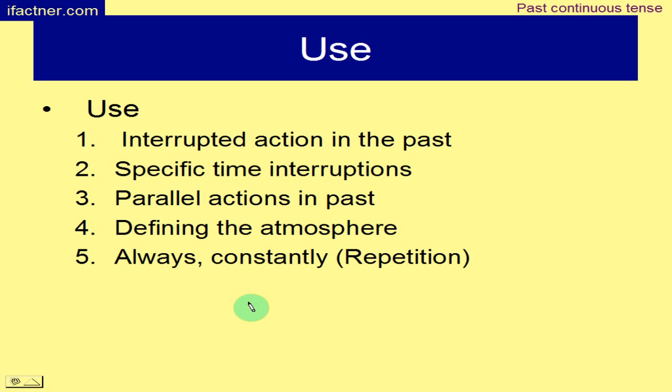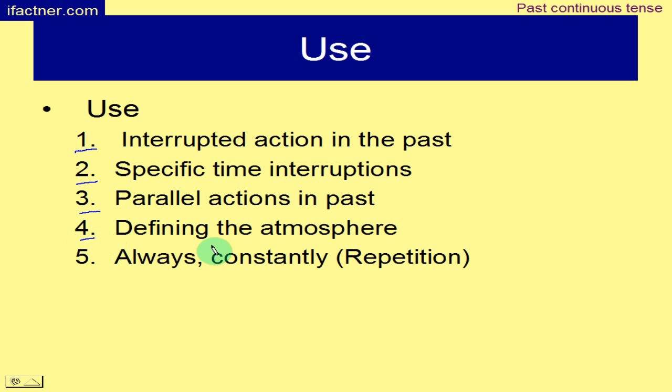Now guys, let's see when do we use past continuous tense. In 5 situations we use past continuous tense. First one is interrupted action in the past. Second is specific time interruptions. Third is parallel actions in the past.